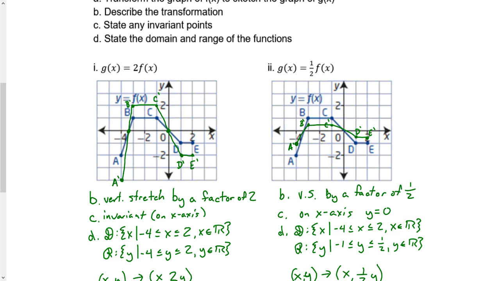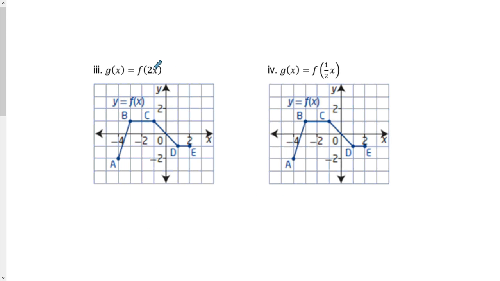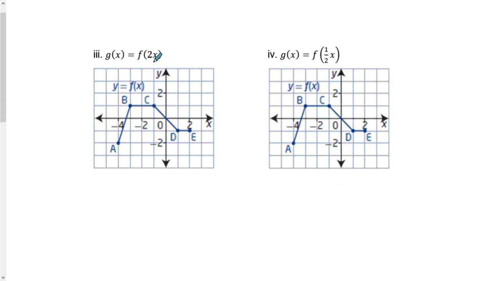Last couple examples here. Now let's look at when we have a number on the inside. Notice how I said the word inside. When we have a 2 on the inside, let's remember the same phrase that we've used since grade 10.